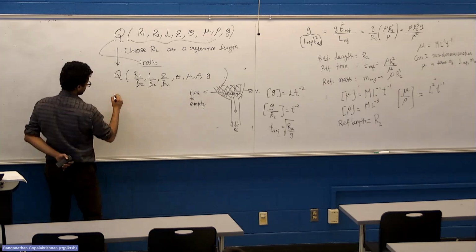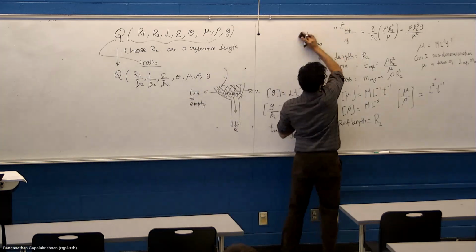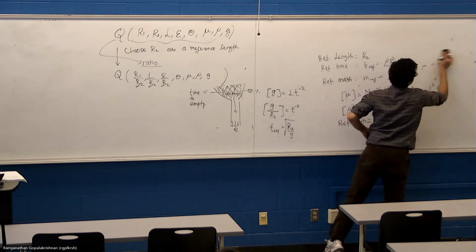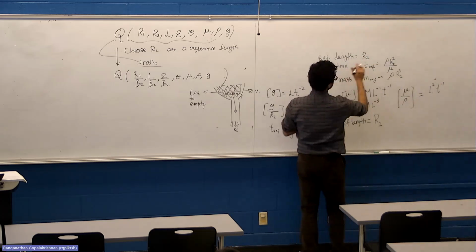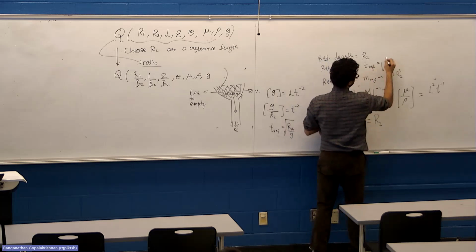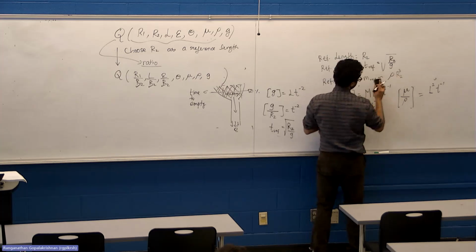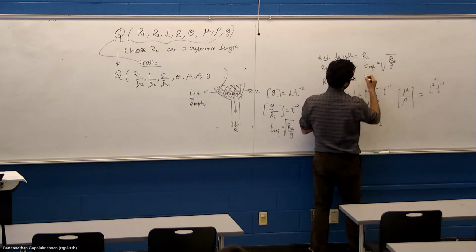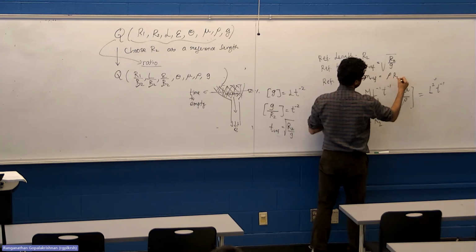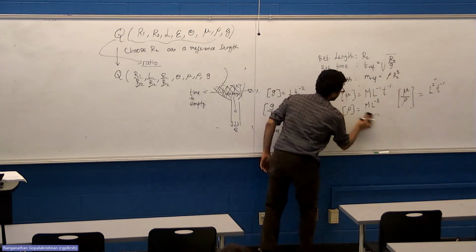Coming back here, reference length is R2, reference time is the square root of R2 over G, and reference mass is density times R2 cube. Okay, so now I'm back on track.